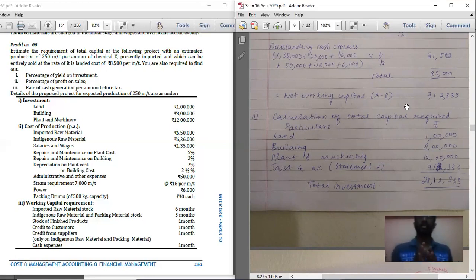Whenever you are forming a capital statement, you will always include the working capital required. So it also forms part of total capital. Below plant and machinery, investment in working capital, within bracket statement number 2, the amount is 7,12,333.